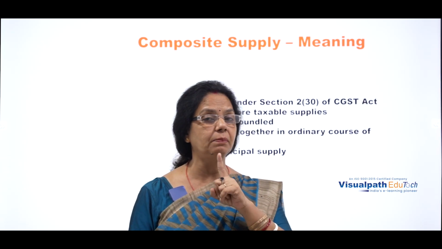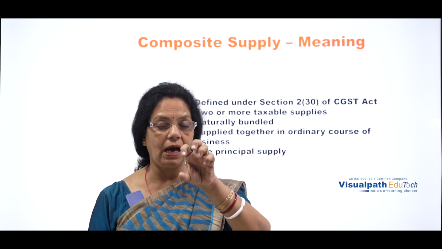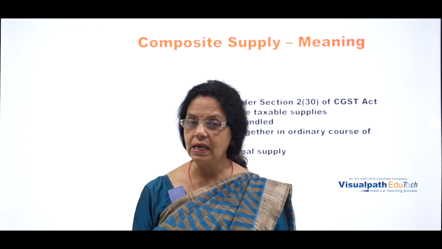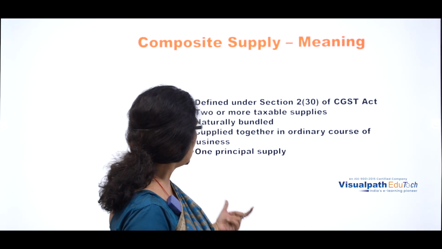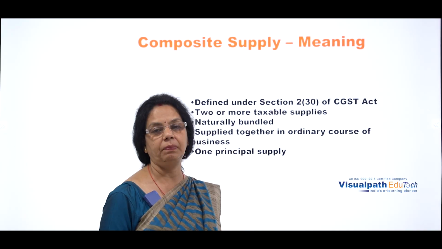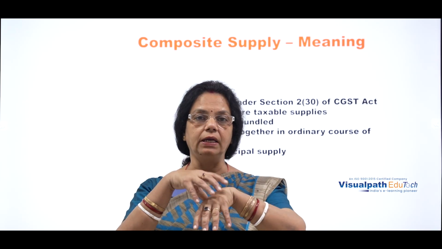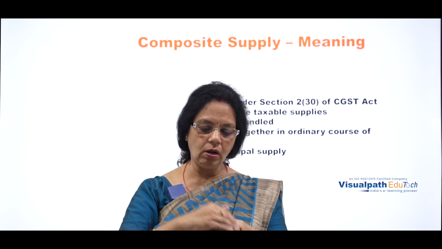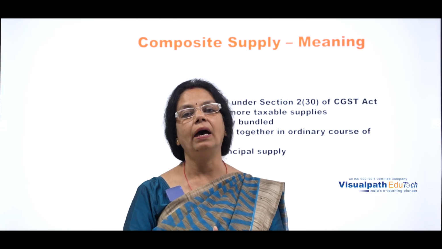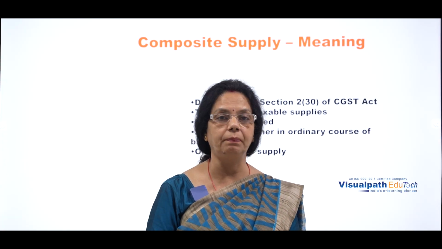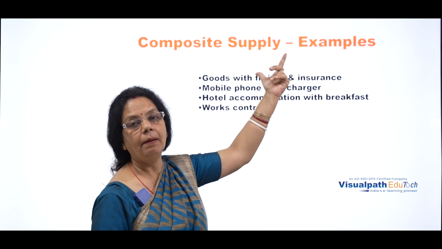That one principal supply is none other than the ultimate product. So that is known as the one principal supply. And there should be a base for that. On that base, all other things come and are blended together for a composite supply. Fine. Composite supply examples.